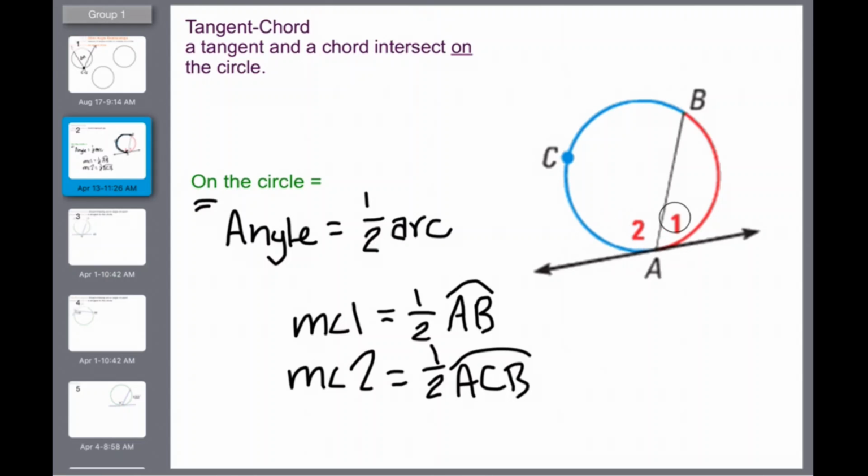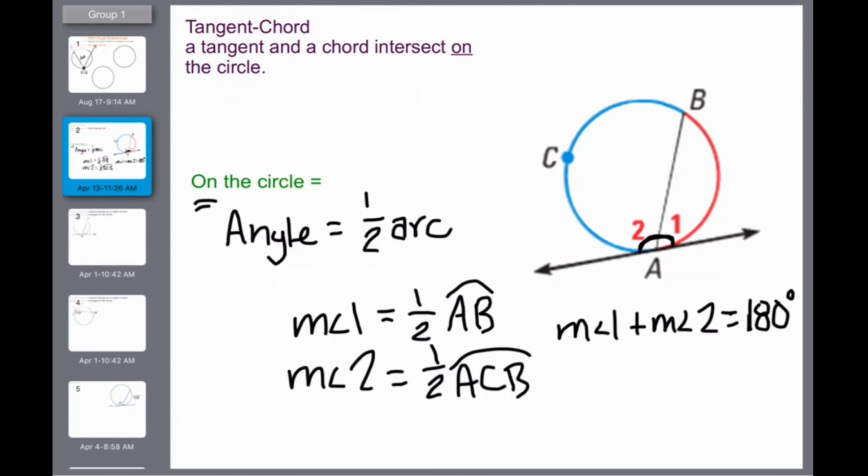And what's also neat about our arrangement here with our chord and our tangent is that if we add the measure of angle 1 and the measure of angle 2 together, they're going to be supplementary, so they're going to add to 180 degrees.